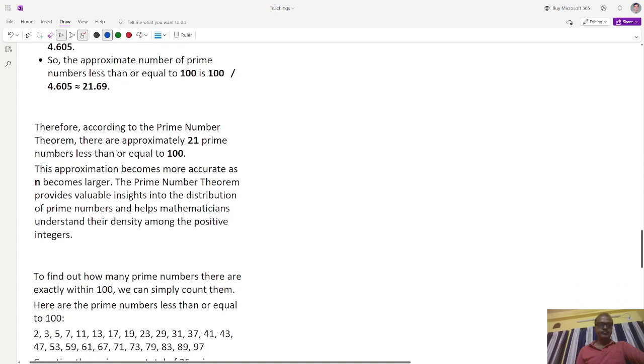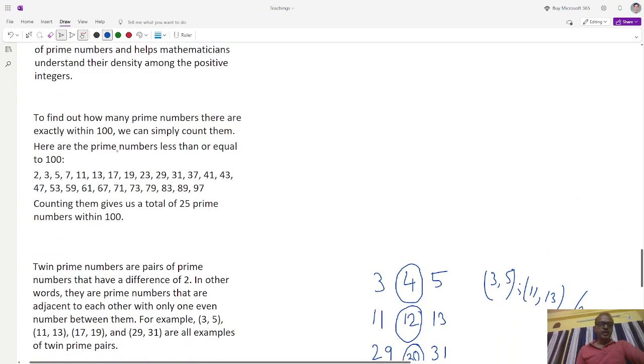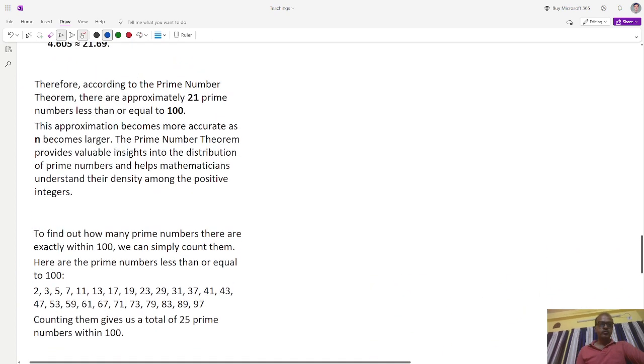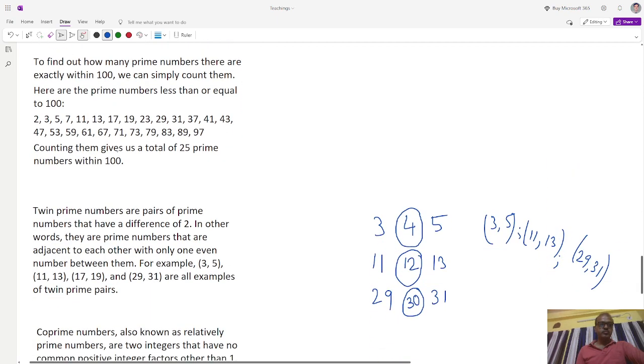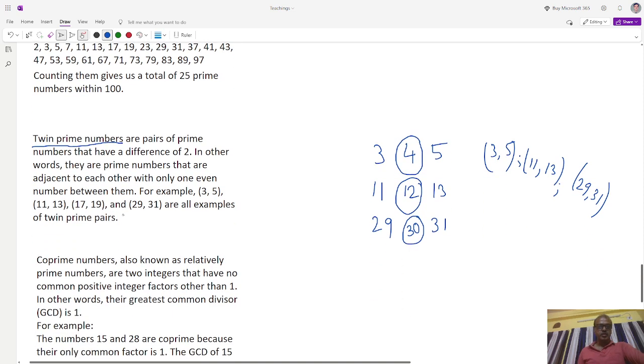Okay, after that, twin prime numbers and coprime numbers have been discussed with examples.